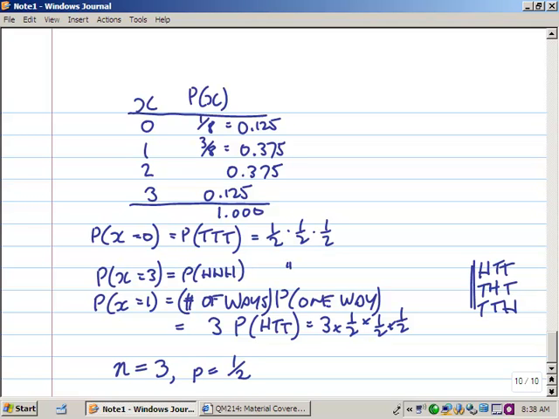If we have another situation in the world where n is 3 and p is a half, we still have that same probability distribution as long as the events are independent of each other. If the probability changes from 1/2 to like 0.4, 40%, of course the probability distribution will change. And of course also if the n changes, the probability distribution will change.